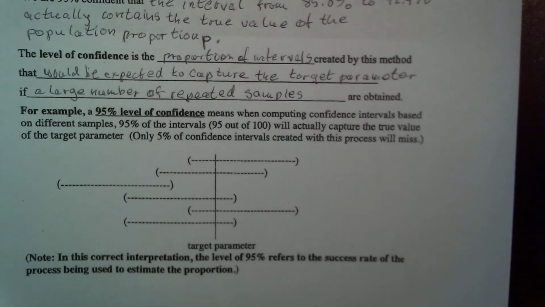For example, a 95% level of confidence means when computing confidence intervals based on different samples, 95% of the intervals will capture the true value of the target parameter. In other words, only 5% of confidence intervals created with this process will miss.